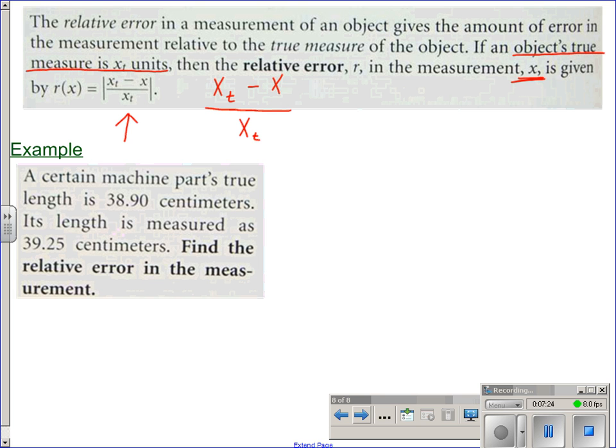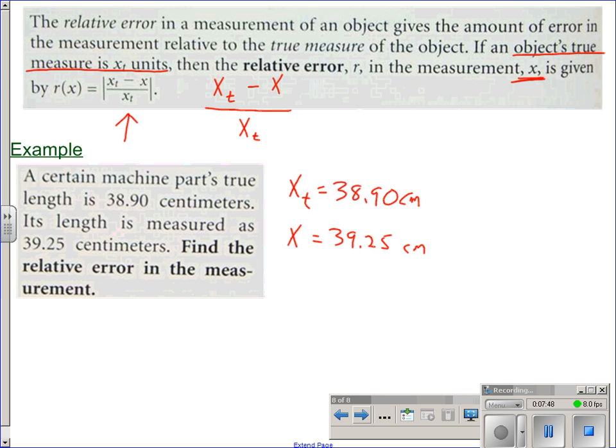Okay, looking at this example. A certain machine part's true length is 38.9 centimeters. So that's your x of t. Its length is measured at 39.25. So its actual length is 39.25 centimeters.